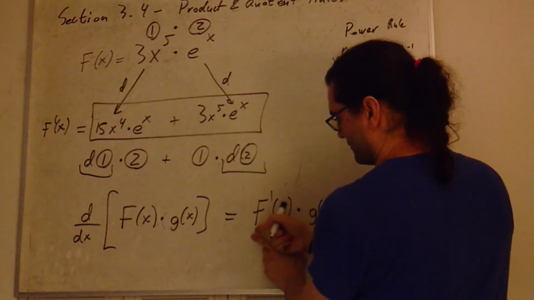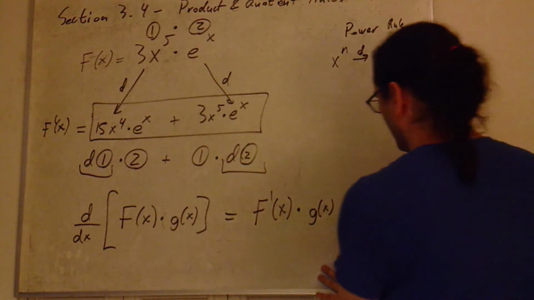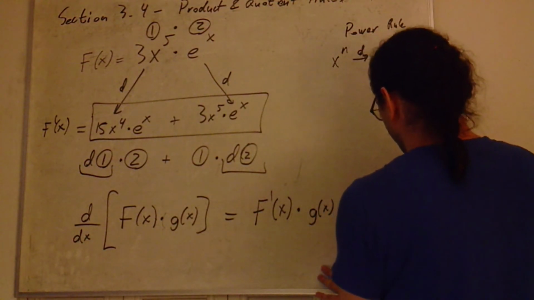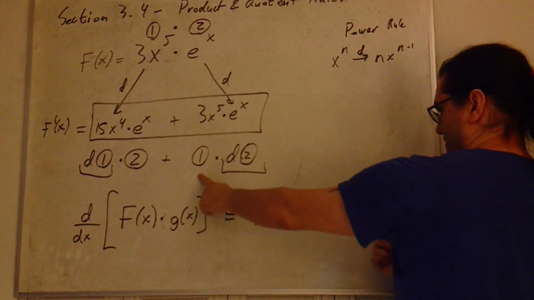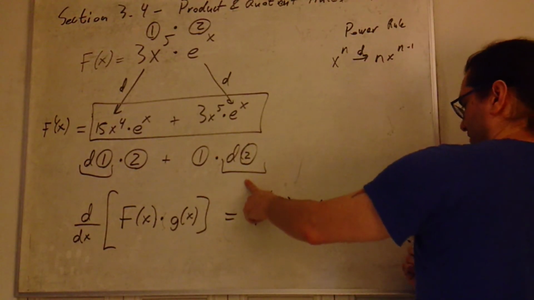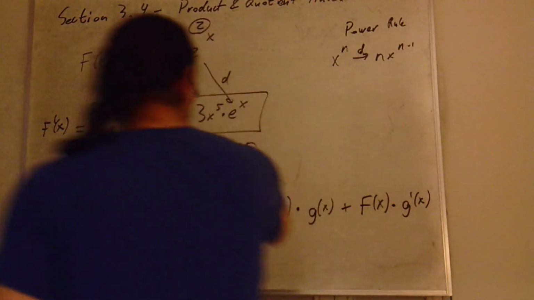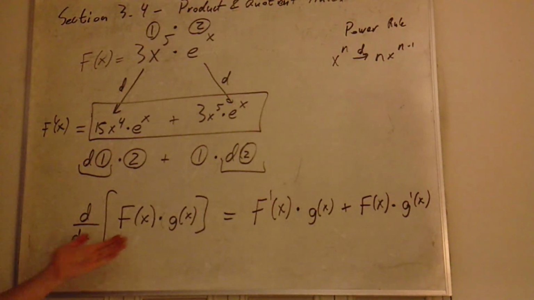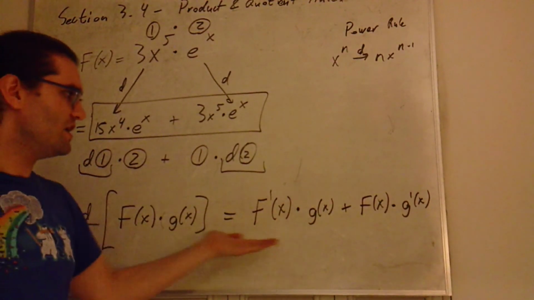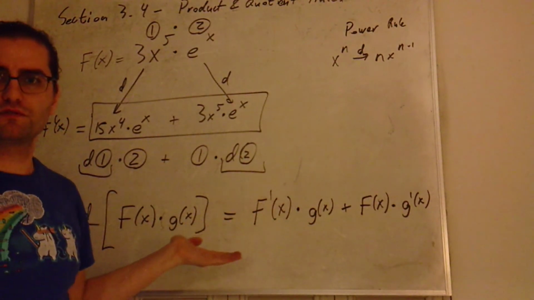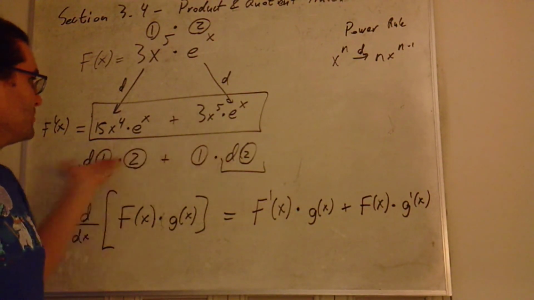This prime means derivative of the first, g of x is the second, plus f of x times g prime of x. Again, this is just the first times the derivative of the second with its g prime. Both of these things say the exact same thing. One of them is more formal, which is why it gets printed in textbooks. It's also a lot more obtuse, which is why I don't like it. I like these. This is very simple to me.